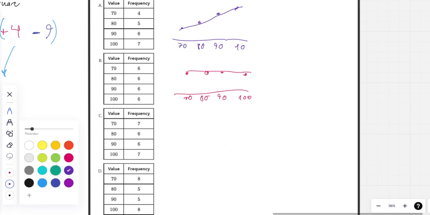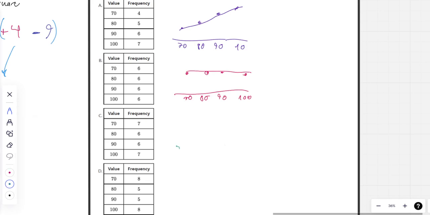The third data set is going to look something like this. And the fourth one is going to look something like this.